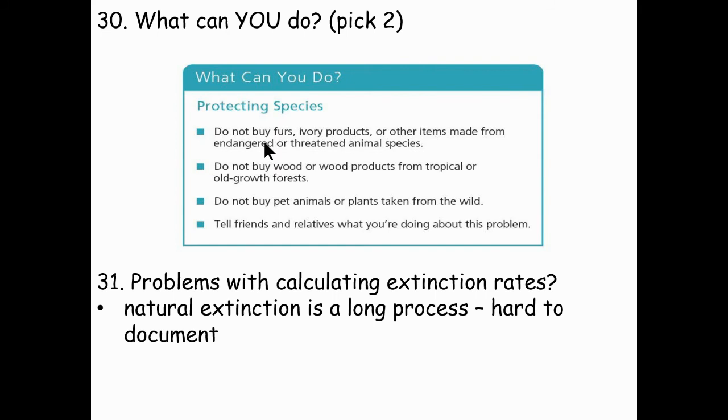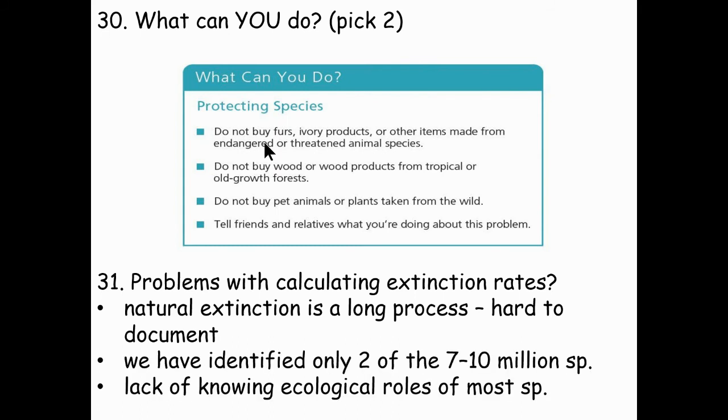All right, so extinction rates. Why aren't we great at doing that? It's a long process. It's 1 in a million per year. So we believe that there are about 8.7 million species.